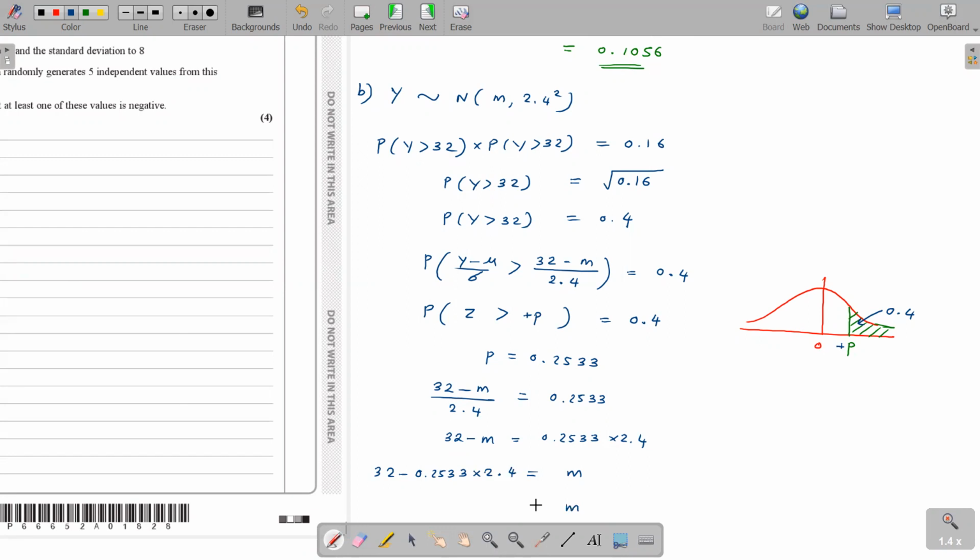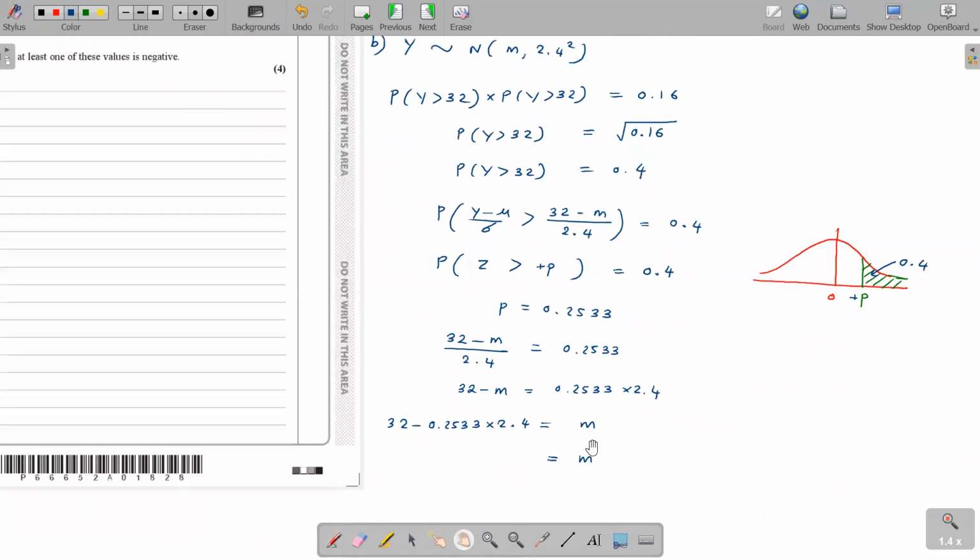How much is m? M is 31.39. Can I have a few more figures? 31.39208. So to 3 SF, your m value is 31.4.